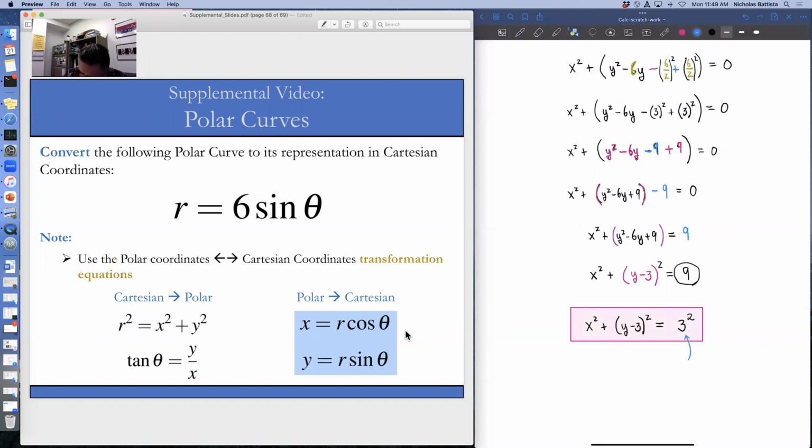The first thing, the radius of the circle is 3. And this circle is centered at x equals 0, and it's centered at y equals 3. So this is a circle of radius 3 centered at the point x equals 0 and y equals 3.